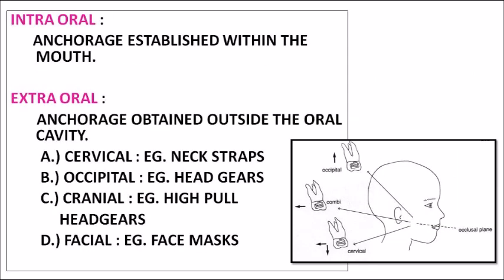Now another classification of anchorage is intraoral and extraoral. Intraoral is one in which the anchorage is established within the mouth, whereas in extraoral you derive the anchorage from outside the oral cavity. This can be from your cervical region, as achieved by neck straps, or from your occipital region, as achieved through headgears.